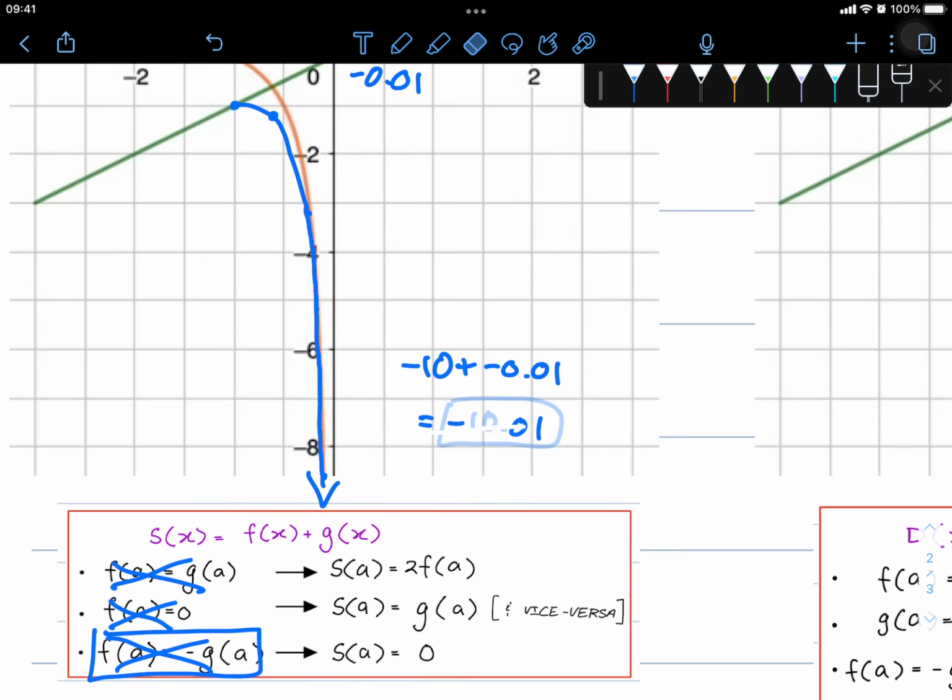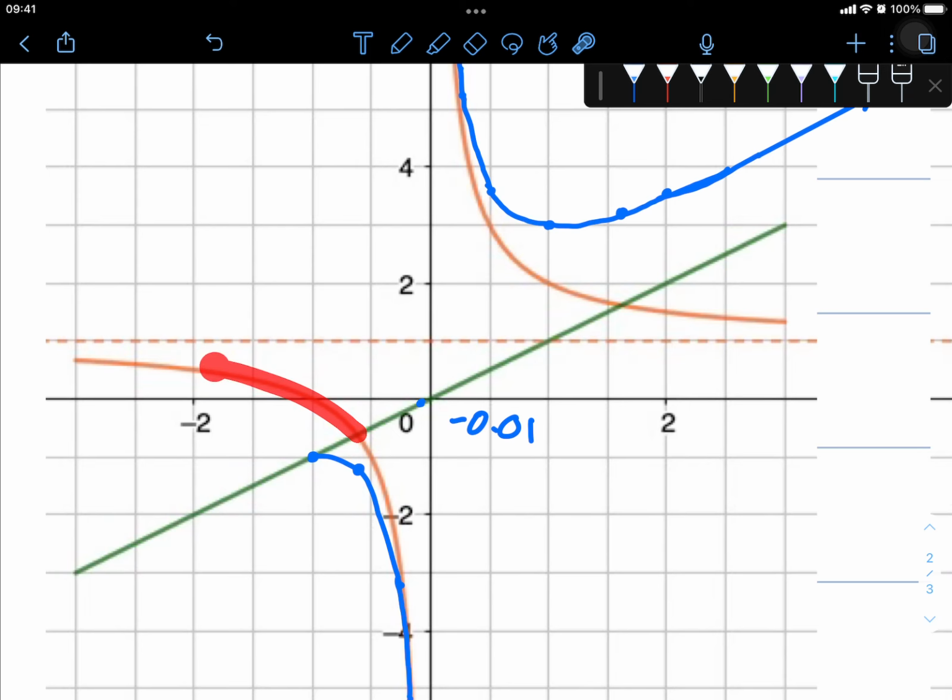Because remember, we're adding smaller and smaller amounts to f. It obviously curves like so. Now, in the exact same way as f goes to the right, it's approaching 1. As f goes left, f is also approaching 1. That's what an asymptote is.